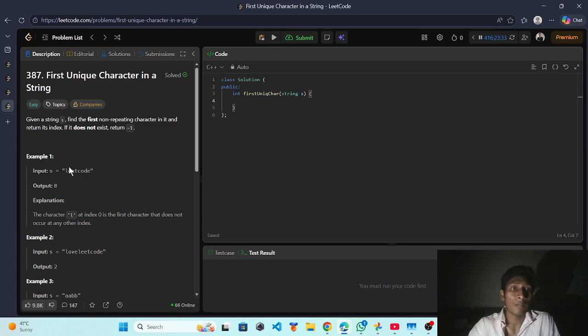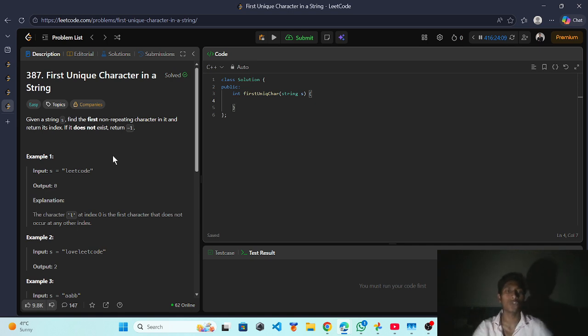That means find which letter occurs only once in this string, and return the index of that letter. If it does not exist, return -1.